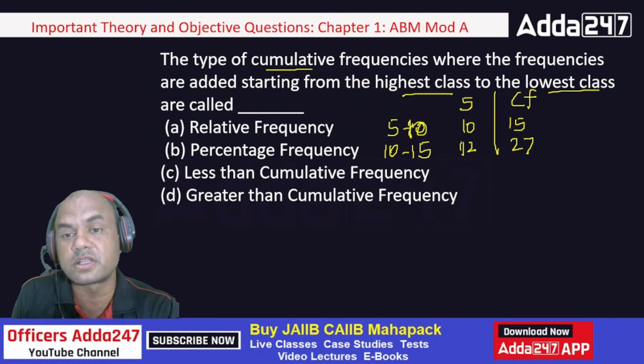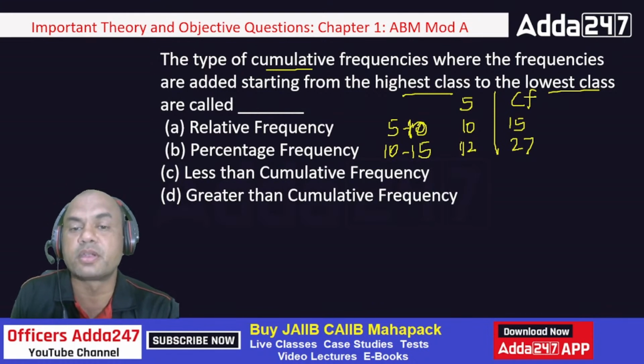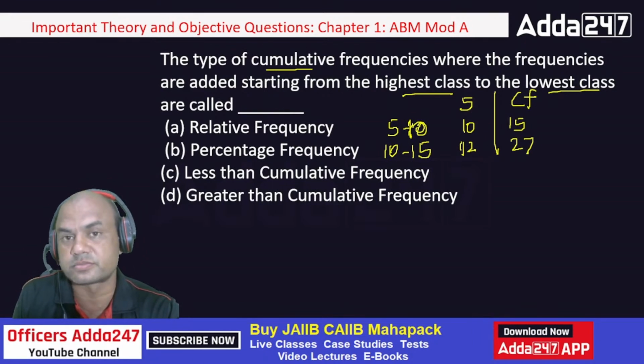So what is the question now? The question is the type of cumulative frequency where it is from highest to lowest. So if it is from highest to lowest, it will be called as what? Relative frequency, percentage frequency, less than cumulative frequency, or greater than.